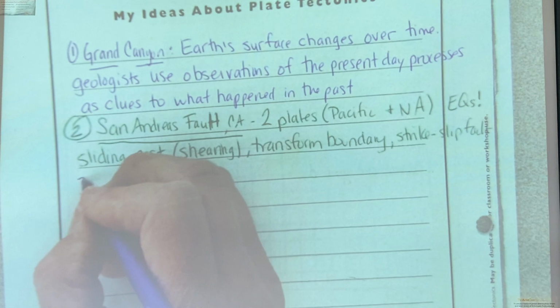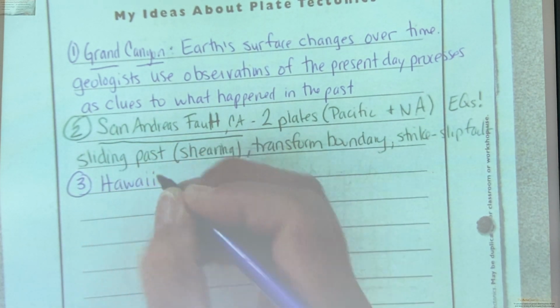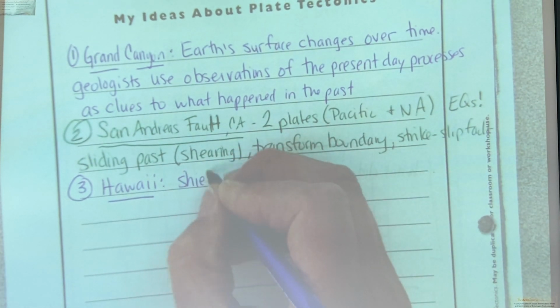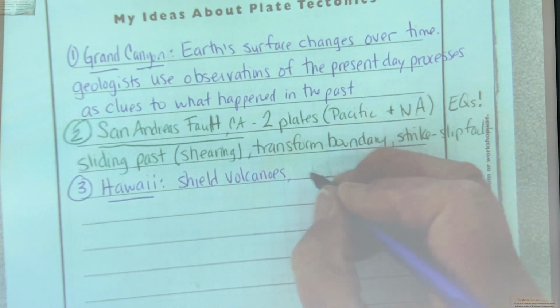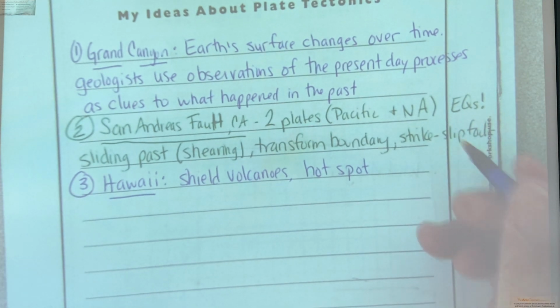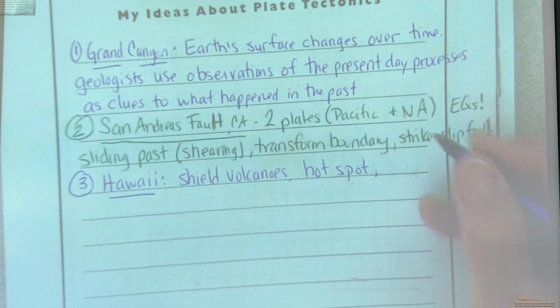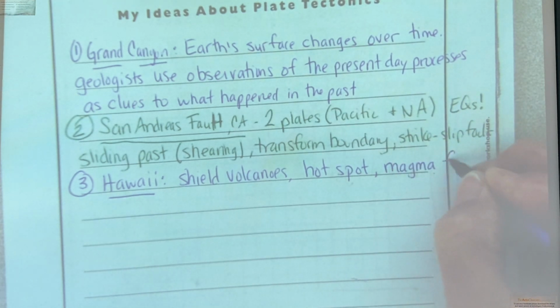Number 3, Hawaii. In Hawaii, we see shield volcanoes, so those gently sloped volcanoes. It's a hot spot, which means it's a leak there in the center of the oceanic plate. It is magma from the mantle, so it's super deep and hot.